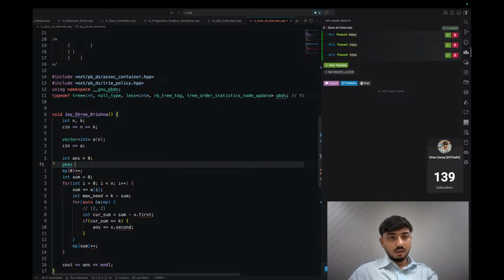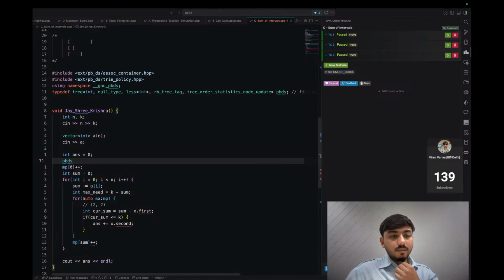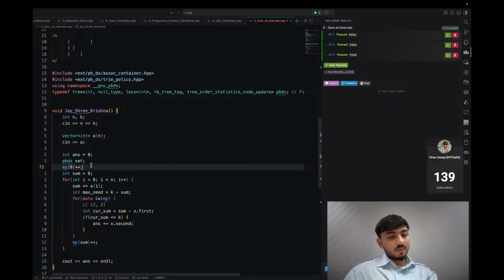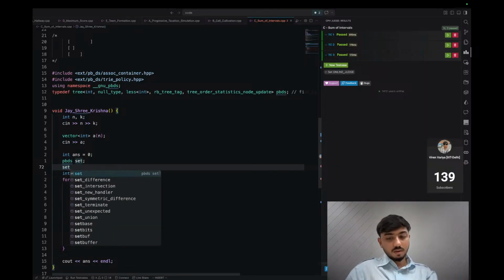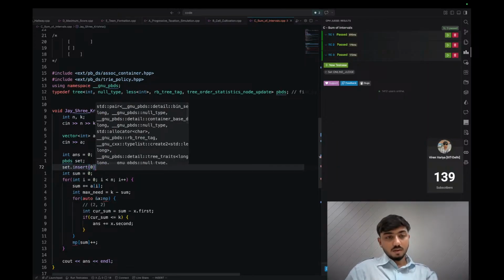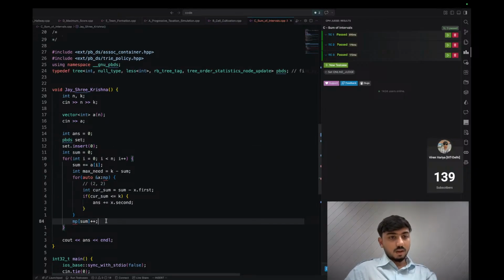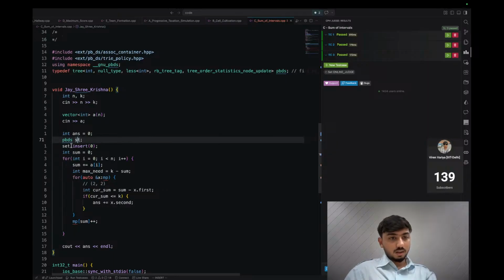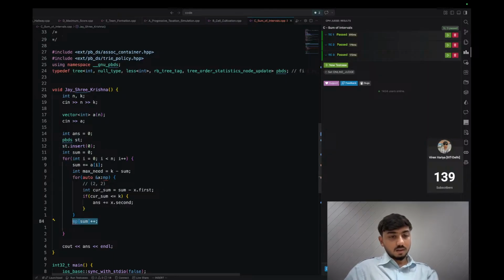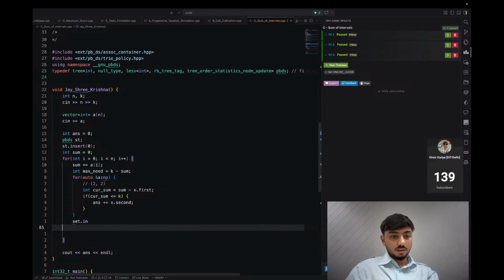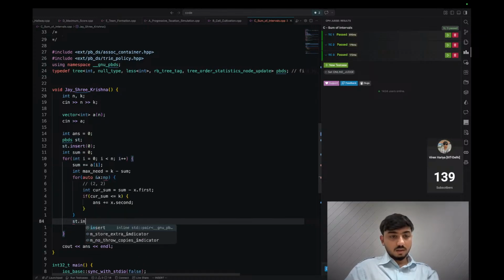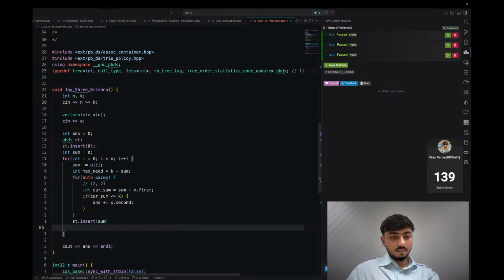I want to create a multi-set actually. Let's say st. Insert 0. Then here, st dot insert sum.